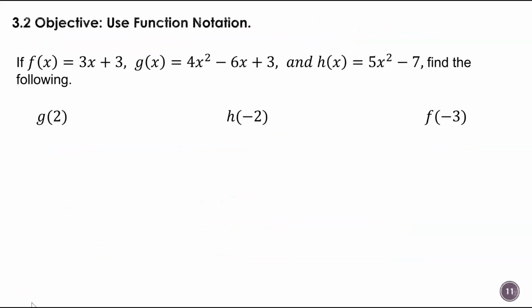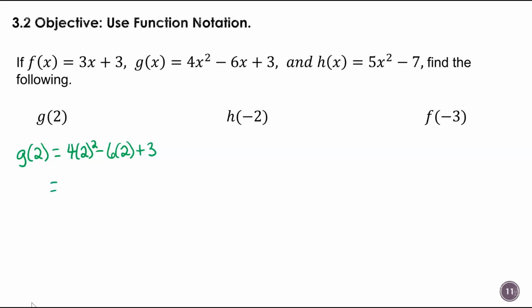Okay, so this is the same type of question, we're just evaluating. So we're going to take each function and substitute in. So in my g function, we substitute a 2. So 4 times 2 squared minus 6 times 2 plus 3, right?